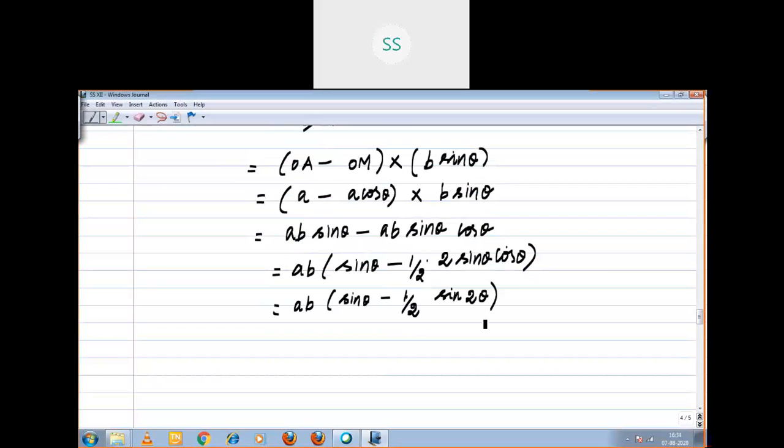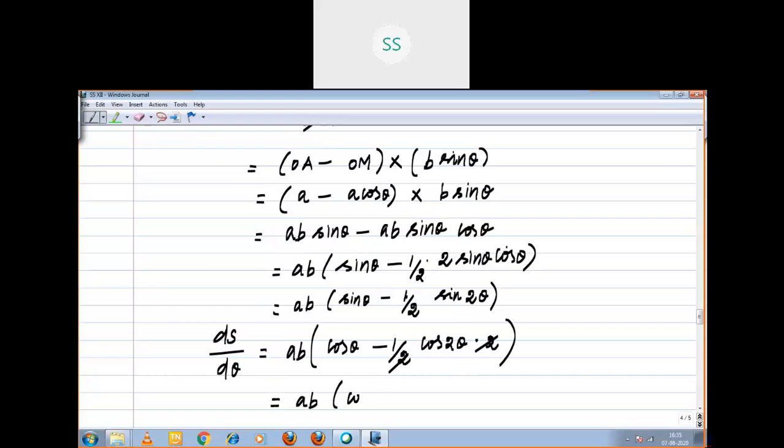This is your function. Now we are going to differentiate with respect to theta. So dS by d theta equals ab, which is constant, times cos theta minus 1 by 2 into cos 2 theta into 2, since differentiating 2 theta gives 2. The 2s cancel, so dS by d theta equals ab (cos theta minus cos 2 theta).